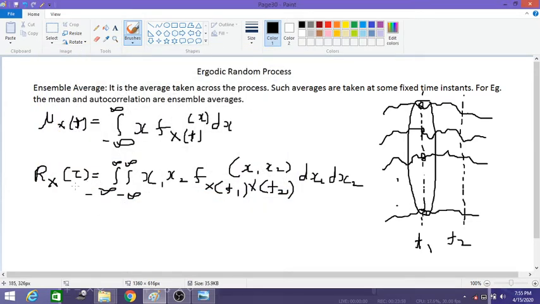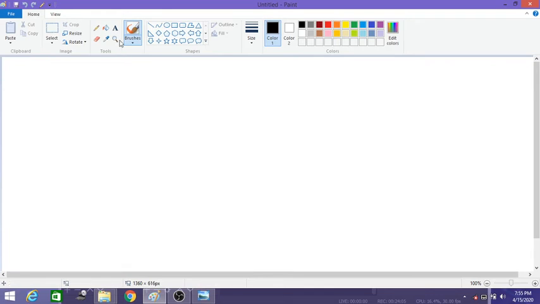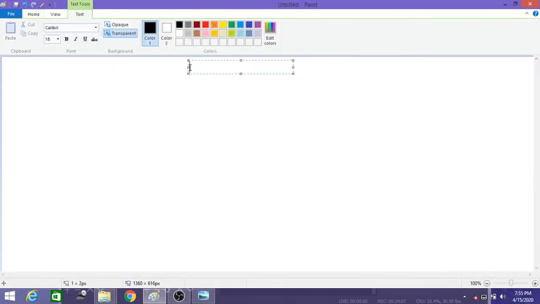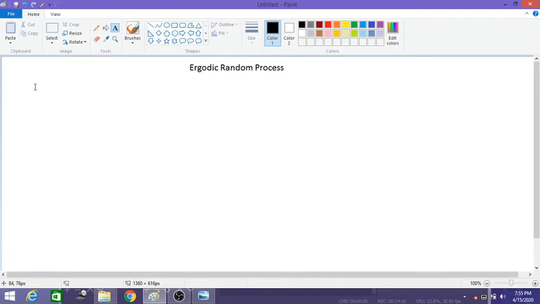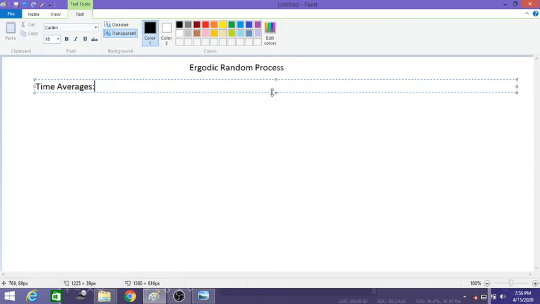So now let me define the meaning of the time average. I'll keep the heading the same: Ergodic Random Process. So let me define what the time averages are.